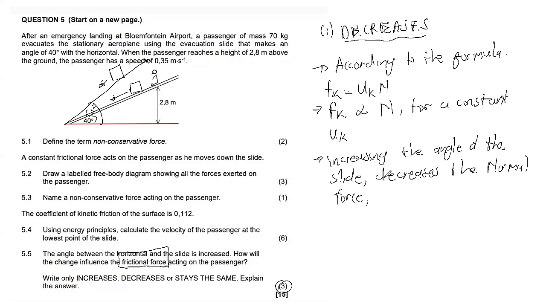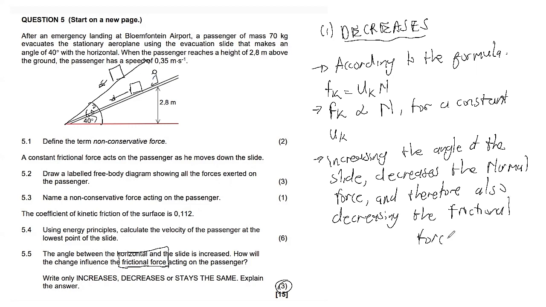Now, if this decreases the normal force, since we said that Fk is directly proportional to the normal force, that means if the normal force decreases, also the Fk decreases. So it decreases the normal force and therefore also decreases the frictional force.